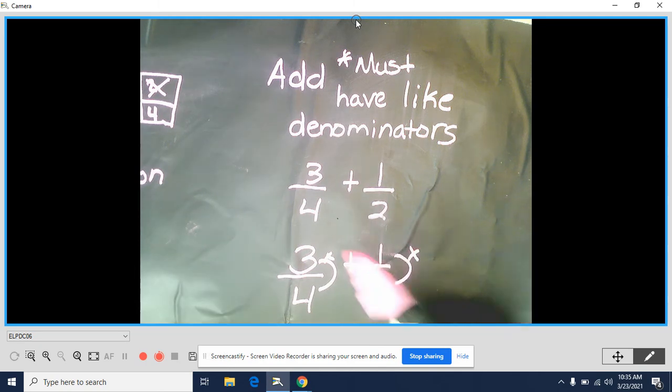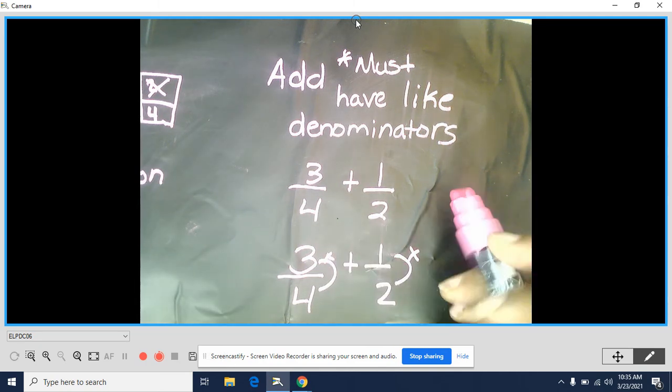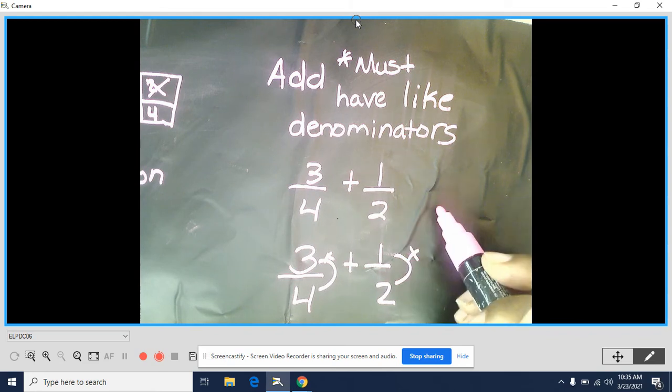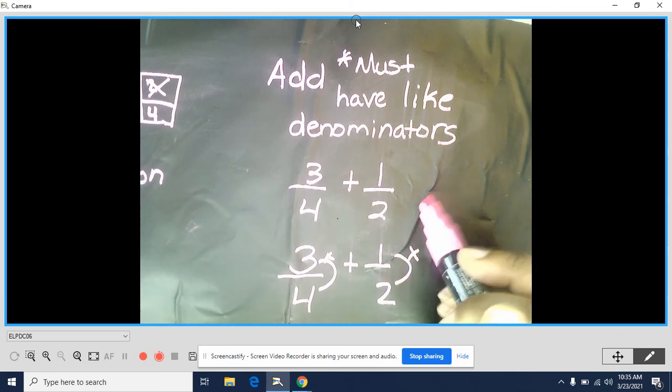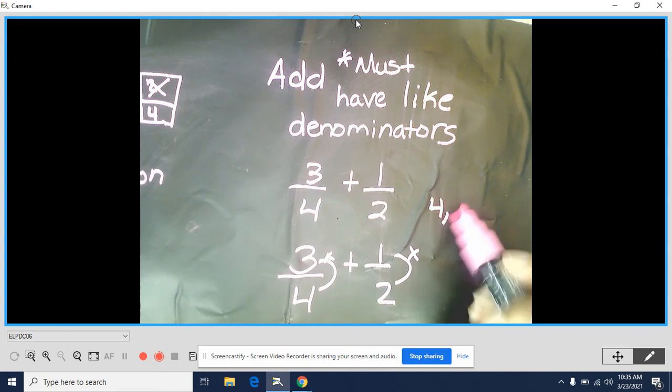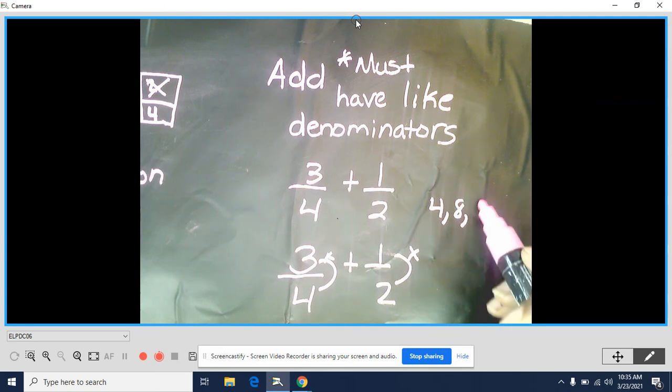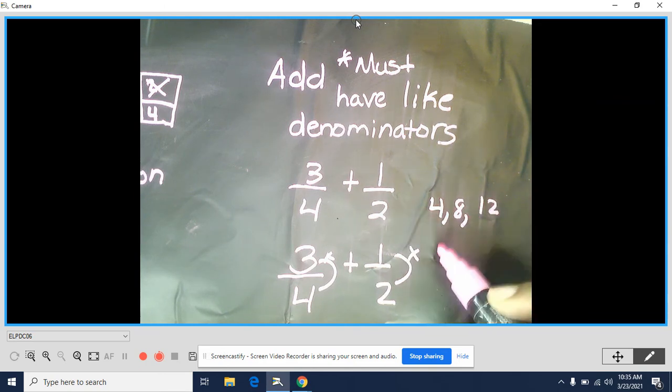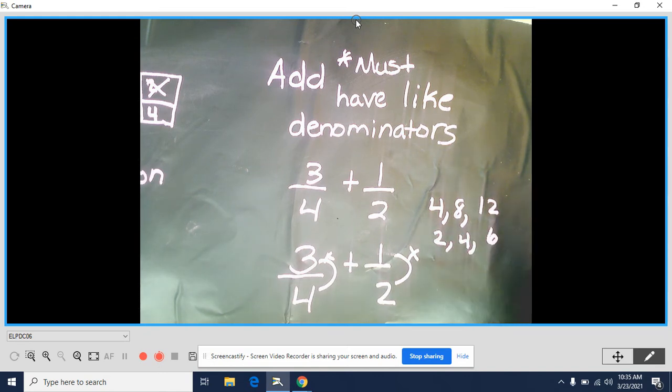So, I know that there are certain things that 4 and 2 have in common. Just like if I list the multiples of 4, I get 4, 8, 12. If I list the multiples of 2, I get 2, 4, and 6.